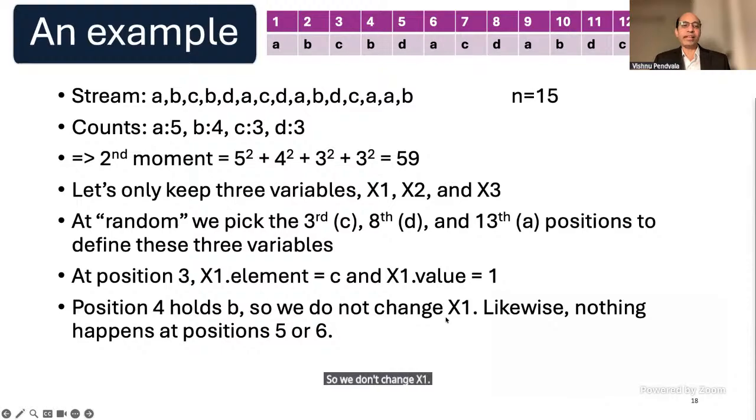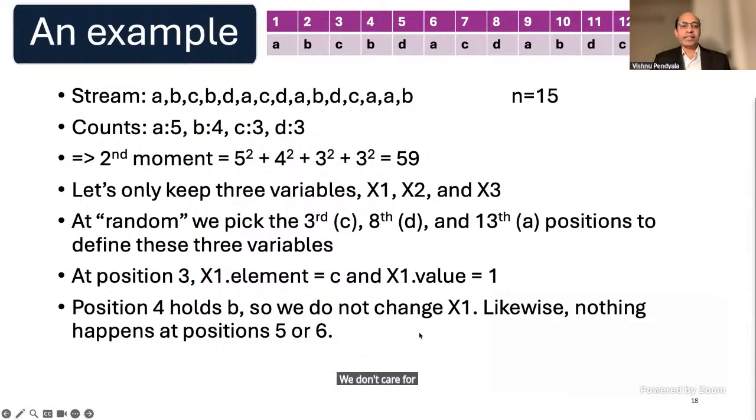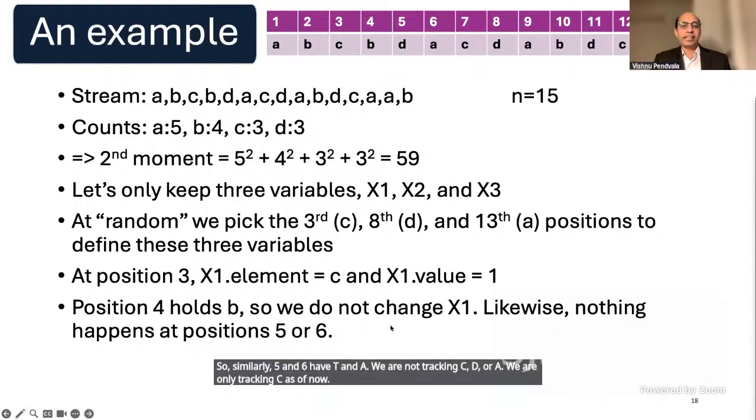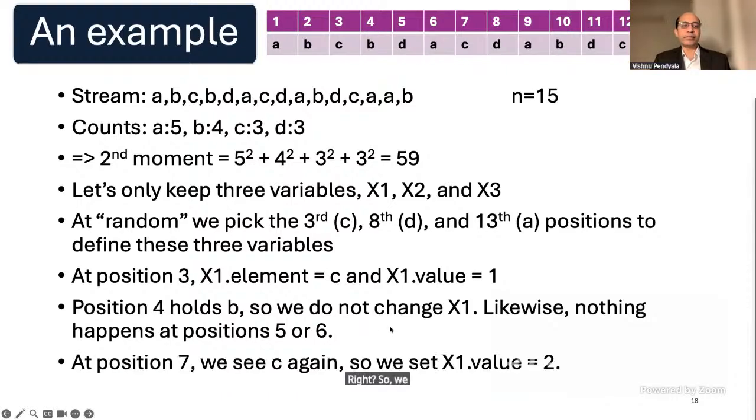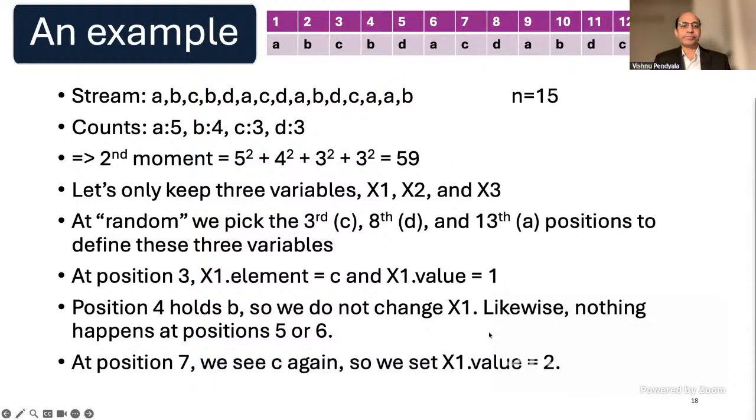Why? Because we don't care for B. We are only tracking C here. Similarly, 5 and 6 have D and A. We are not tracking D or A. We are only tracking C as of now, so we just ignore those positions. Now at 7, we see C again. So we set x1 dot value to 2, right?